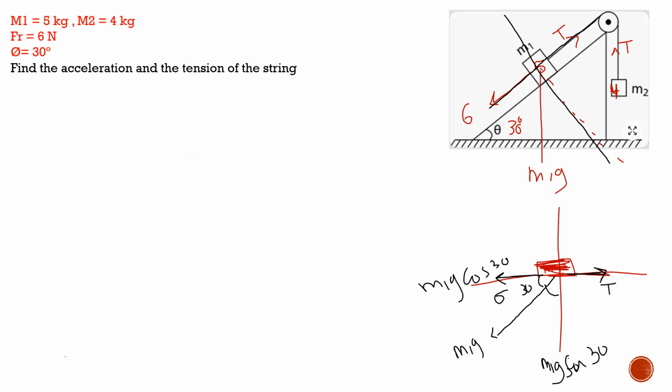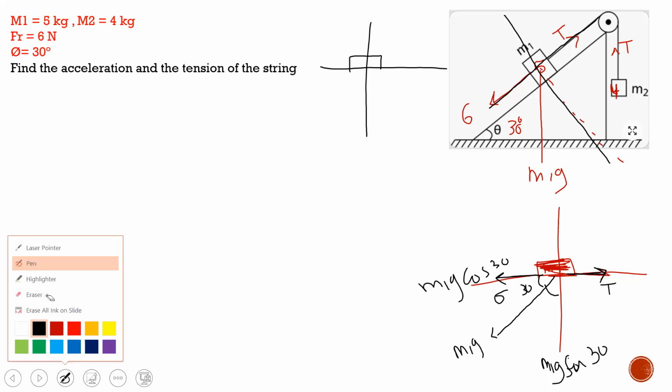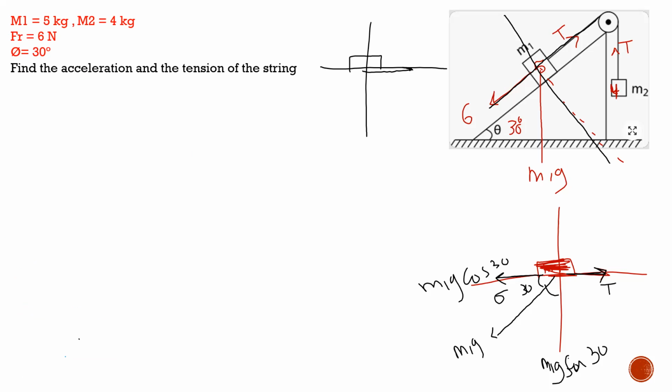So that means for M1 we have the tension here to the left, and it is affected by two forces: by 6 Newtons and by M1G cosine 30.